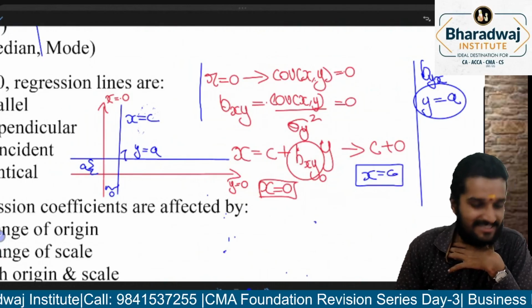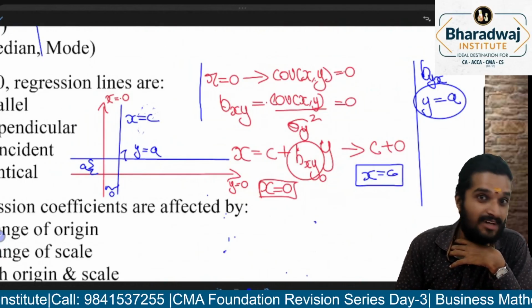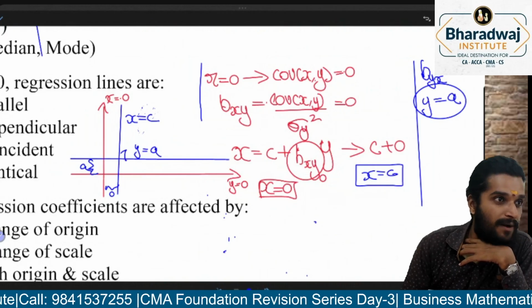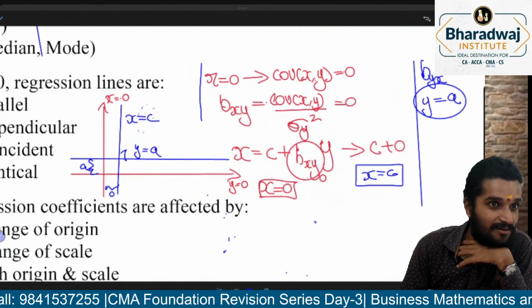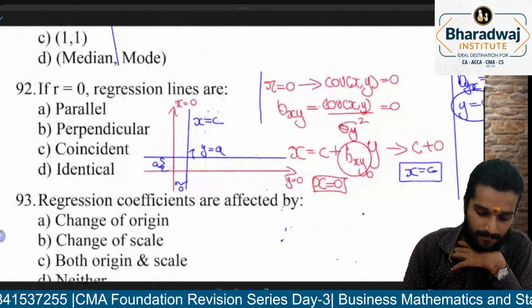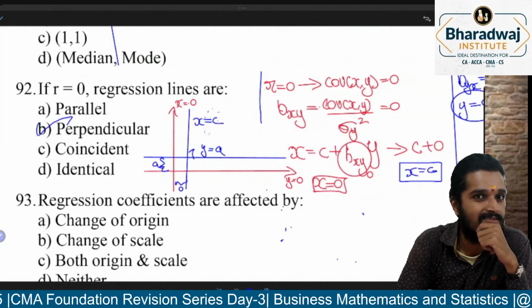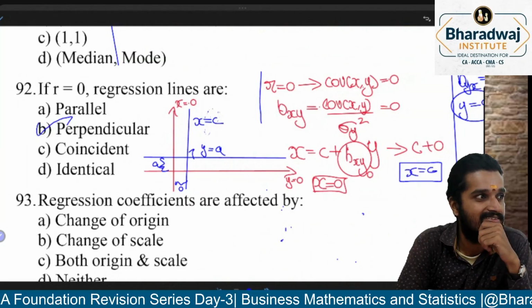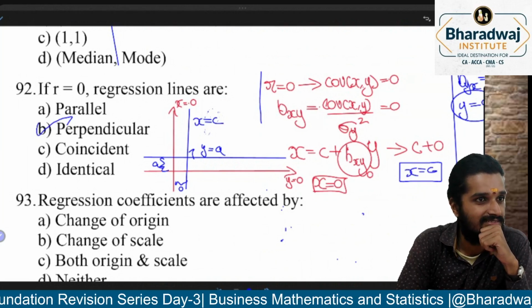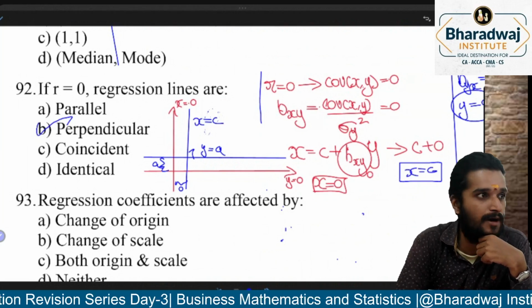How are these two lines? Perpendicular. These two lines are perpendicular. So the answer is perpendicular. The two regression lines are perpendicular to each other.